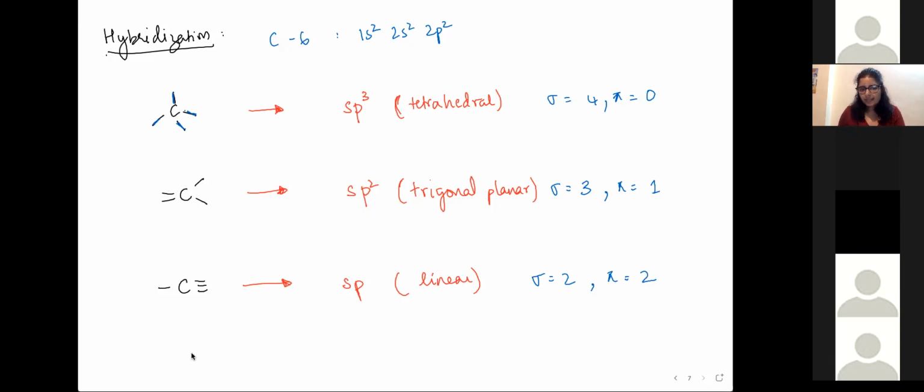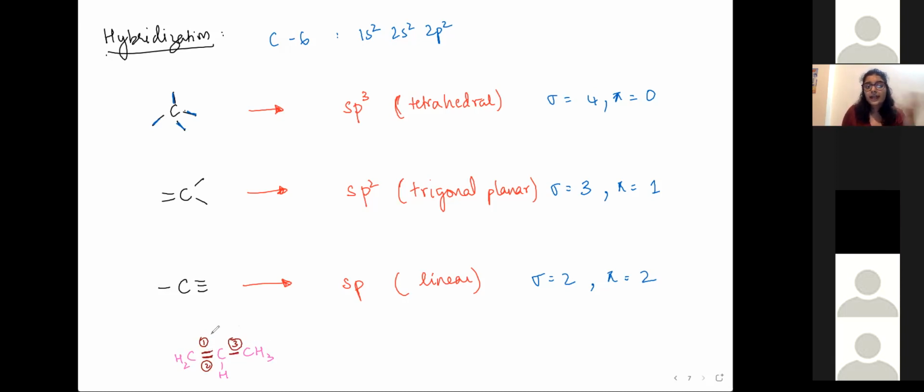So suppose I have an alkene, which is something like this: CH3, CH, and यहाँ पे CH2. And if this particular molecule takes part in a reaction, I'm going to number the bonds here. The pi bond, let's say 1. The sigma bond of this is 2. And this bond is 3. So between 1, 2, and 3, which bond is going to break when this goes into a reaction?